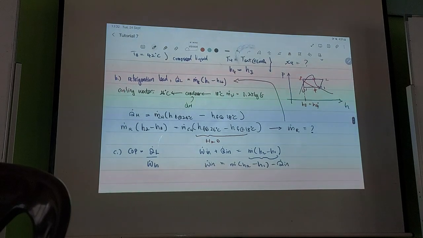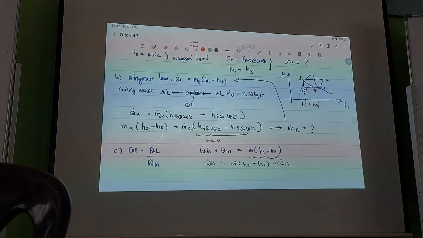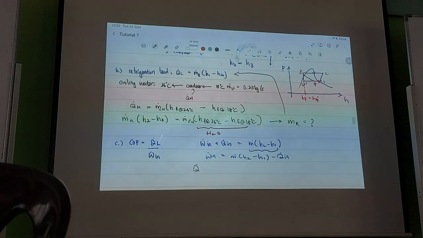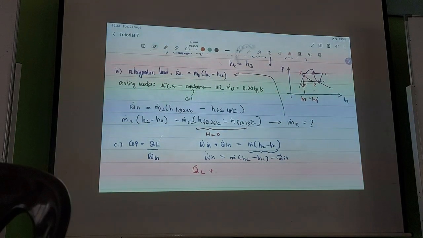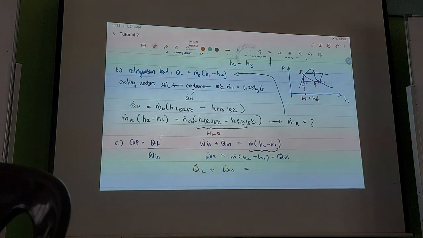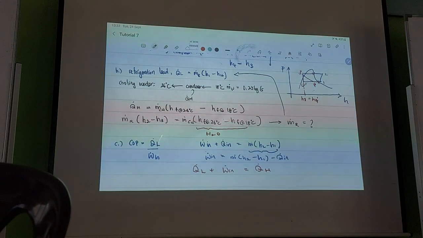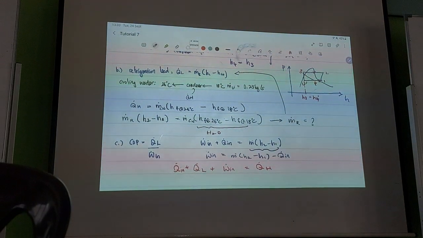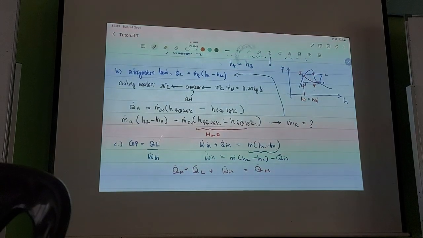So for this question, if you decide to find things through energy balance, remember we can always write QL plus work in equals QH. In this case, if you decide you need to add another Q in over here, because that is the overall change in the energy.